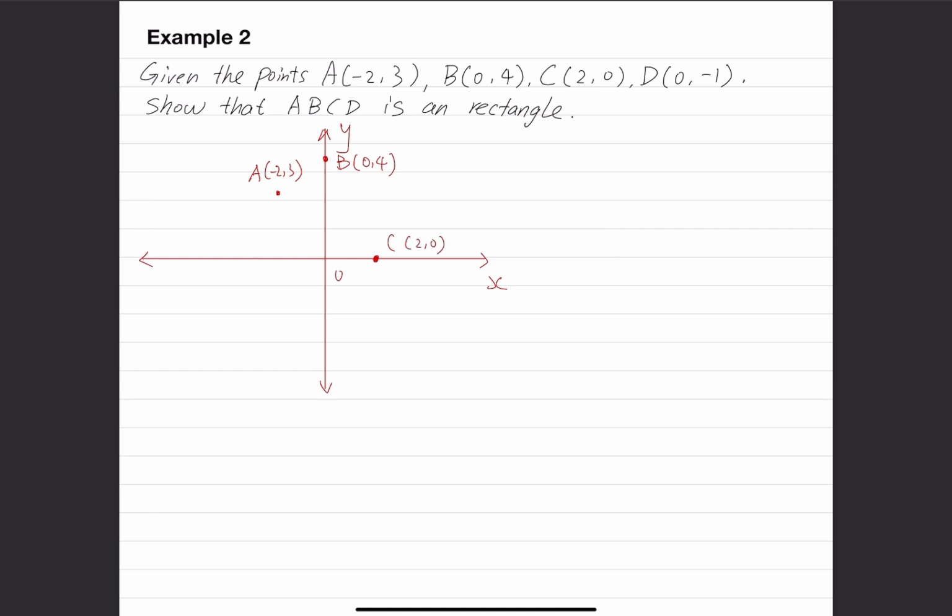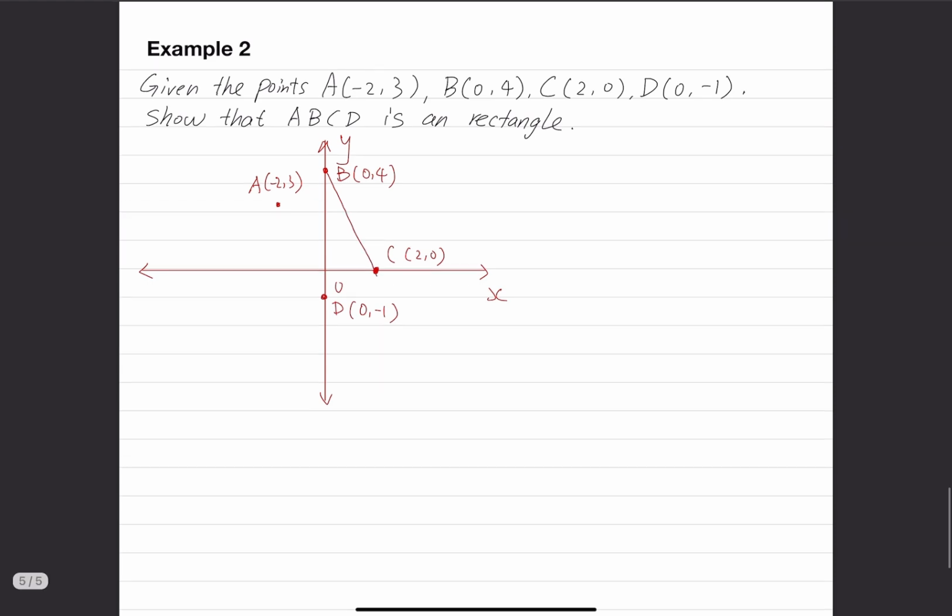And then we have D that is 0, -1. Okay, so when we connect those points, we got a shape like this. From the diagram, it seems like BC should be parallel to AD, and AB should be parallel to DC, right?